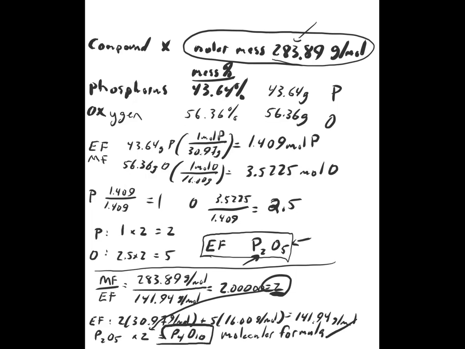That's it. Okay, so that's the 2 types of problems in this section of 3.5. One is finding the empirical formula, which they call elemental analysis. The other one is finding the molecular formula from the molar mass. The only thing that really varies is how many elements you have.